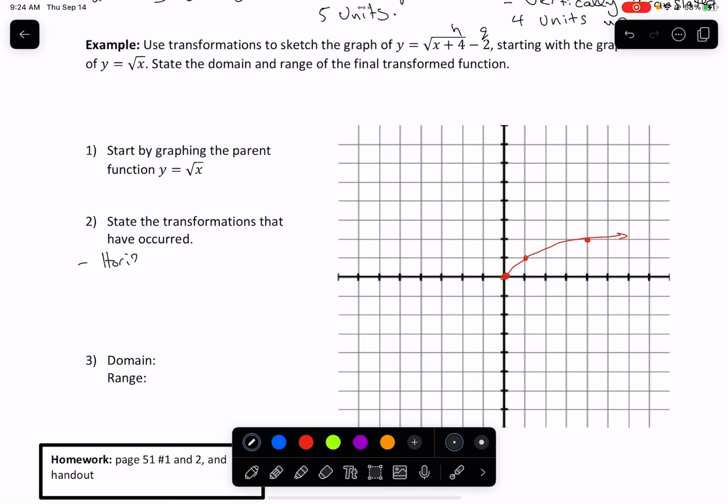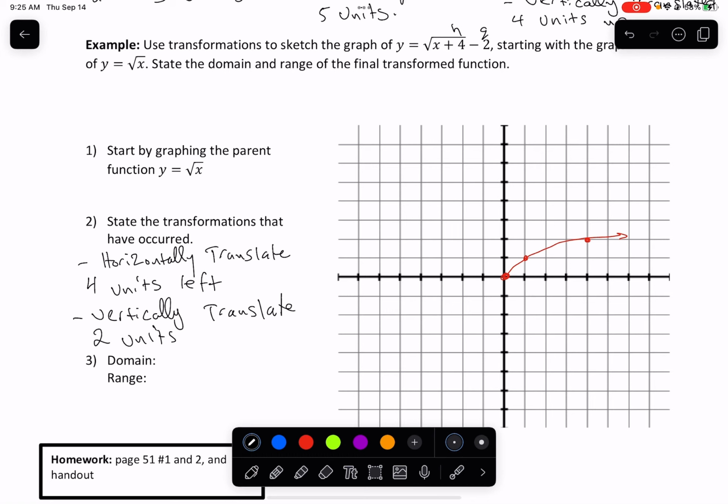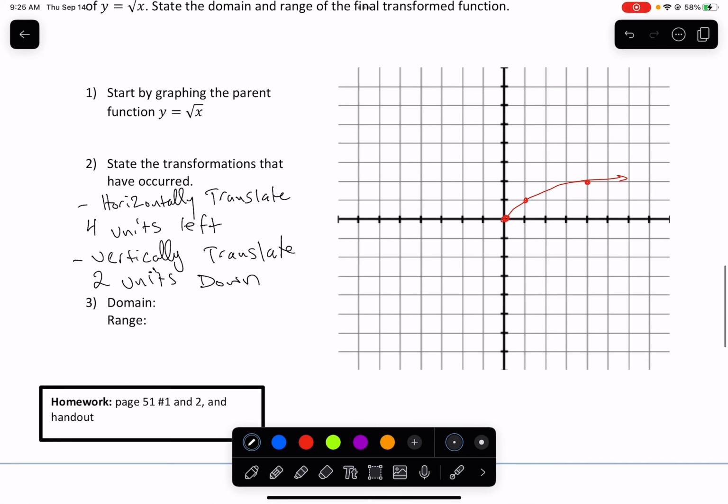Yeah, so we're going to horizontally translate 4 units left, and then we're going to vertically translate 2 units down. Okay.